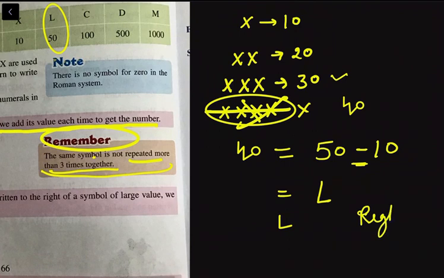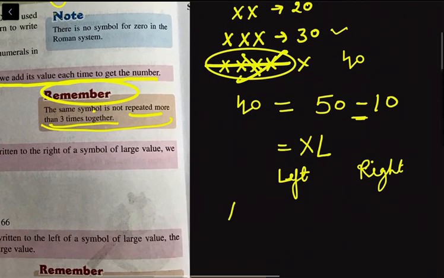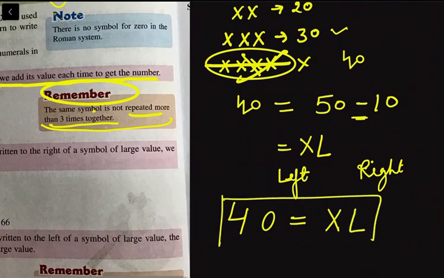This is the right hand side, and this is left. Then how will we write it? 10 stands for X, so XL. 40 equals XL.